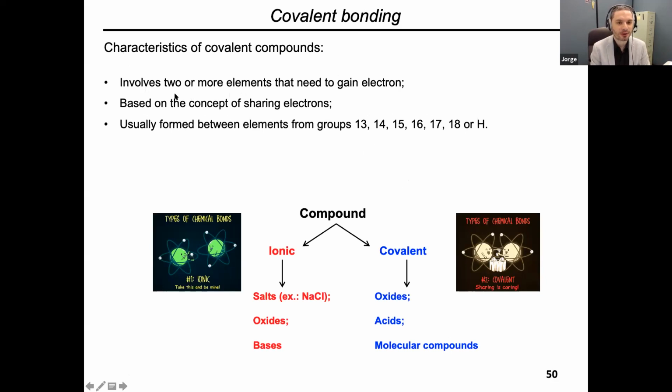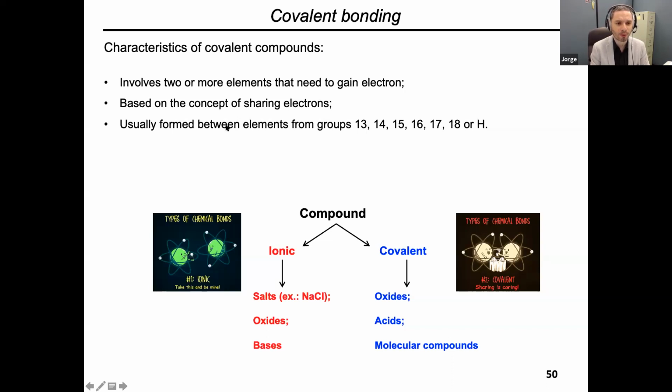And it's based on the concept of sharing electrons. So at this point, we will not care too much how the electrons are being shared. We just need to identify a covalent compound and name this compound.